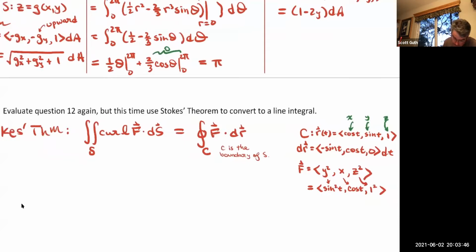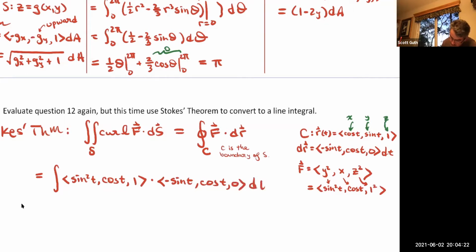So when we do this integral, the field becomes sine squared t, cos t, 1. And dr becomes negative sine t, cos t, 0. And then we'll put a dt.